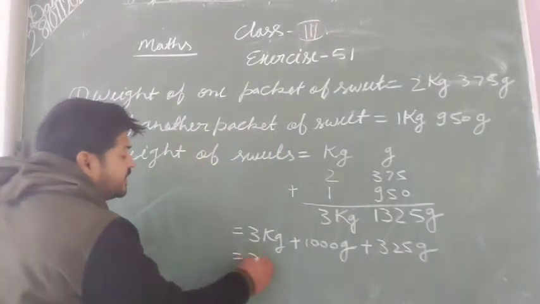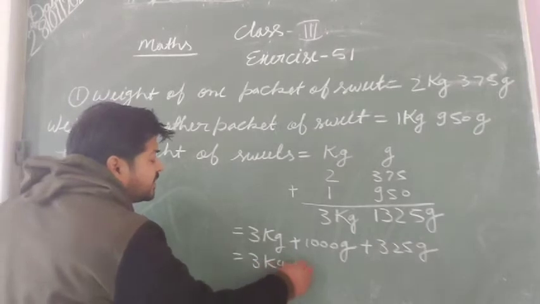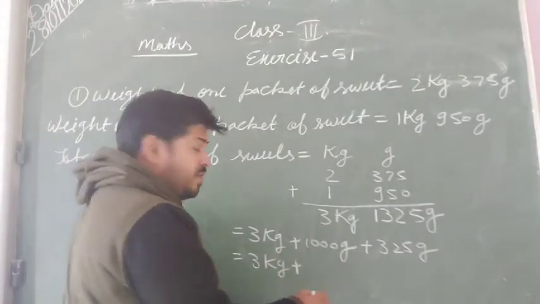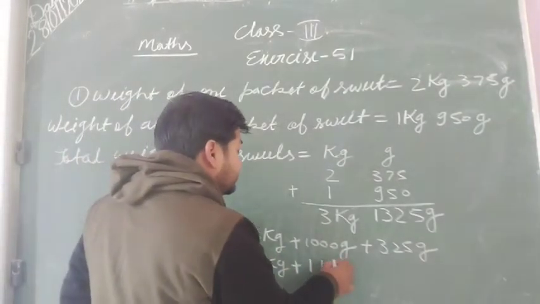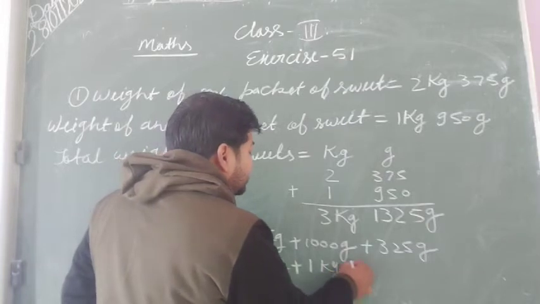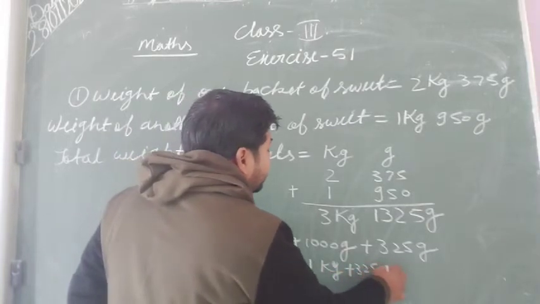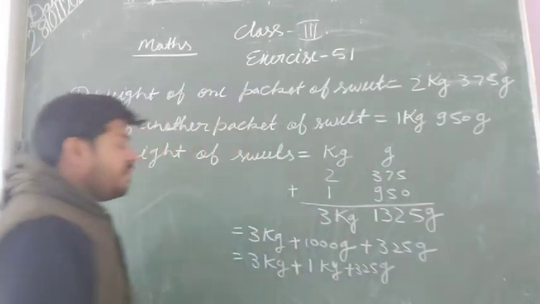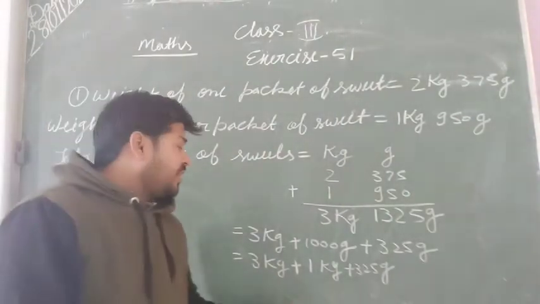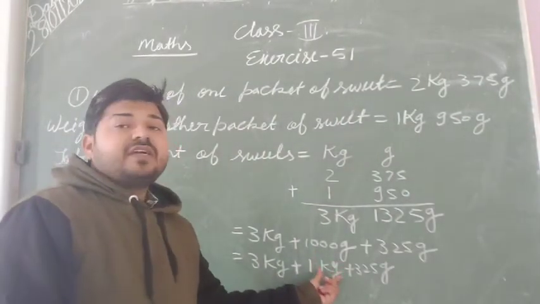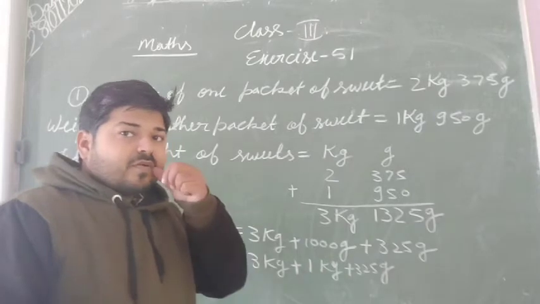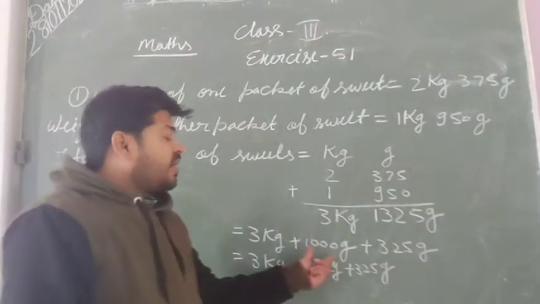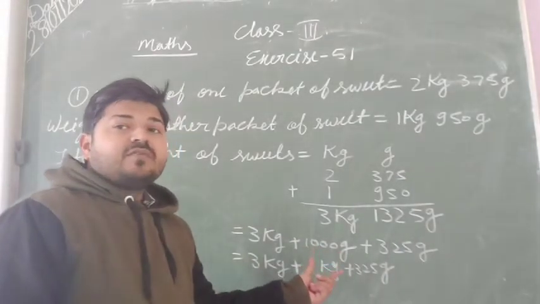So 3 kg plus 1 kg plus 325 gram, because you know students, in 1 kg there are 1000 gram. In 1 kg how many grams will be? 1000 gram.